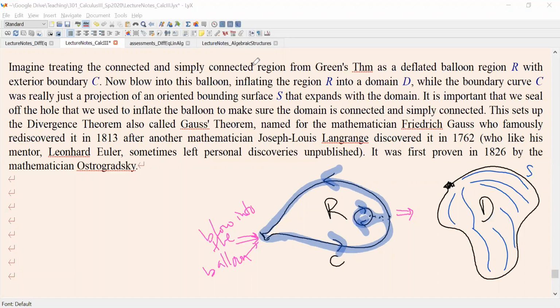Some little pocket inside, like a little air bubble inside the, well, or a liquid bubble, something inside that balloon. And it has to be completely surrounded so that the surface has a definitive outer and inner part.